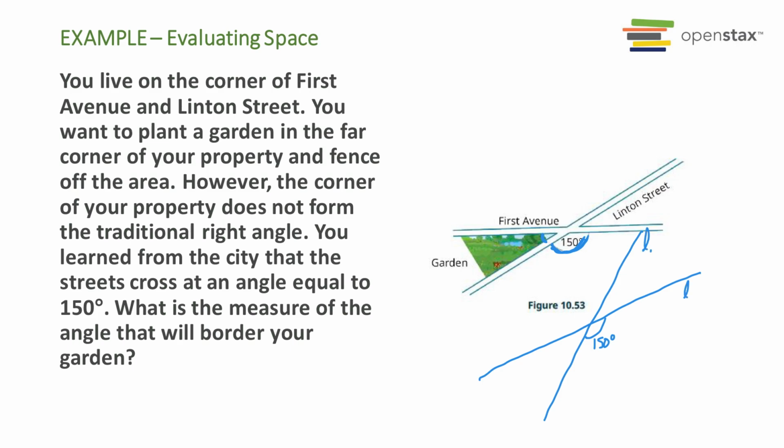This is that L1, L2 line intersecting picture with 150 here, and we're trying to find this angle right here. Well, they make a straight line with each other, so if we call this angle 1, then the measure of angle 1 plus 150 must add up to 180. So what's the difference between 180 and 150? Well, that's 30 degrees, right? So that means that it makes a 30-degree angle. So the measure of angle 1 is going to be 30 degrees.